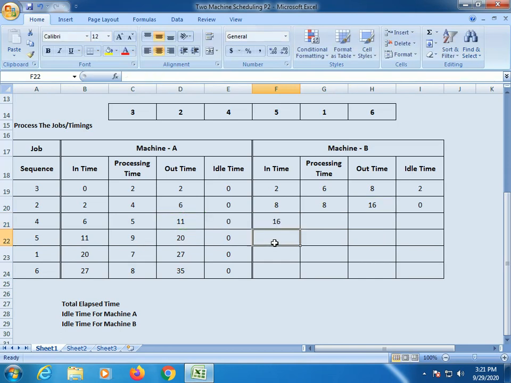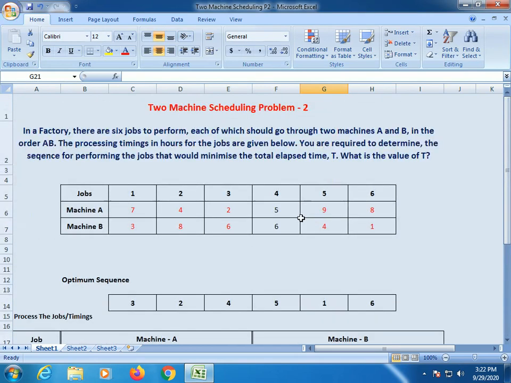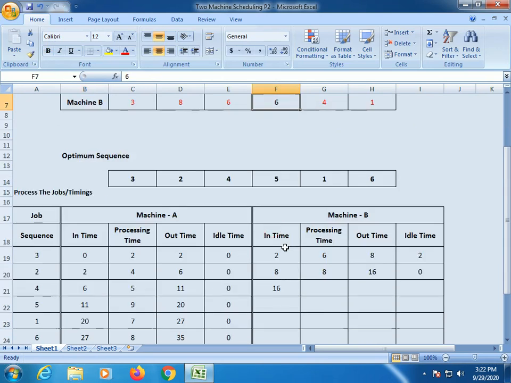The 16th is the max. At the 16th hour we can process the present job on machine B. What about the processing time? This is the fourth job we are performing now on machine B, and the fourth job machine B processing time is 6 hours.